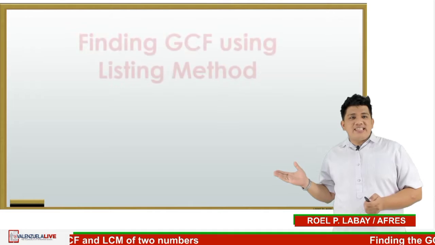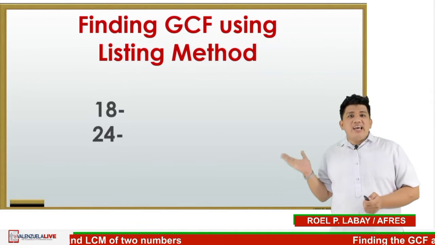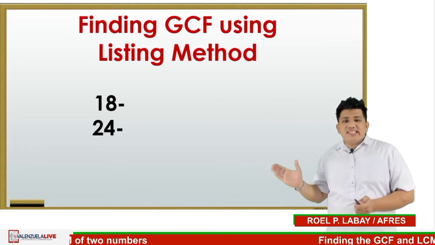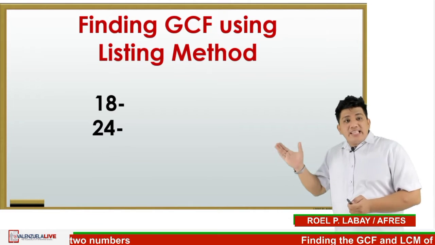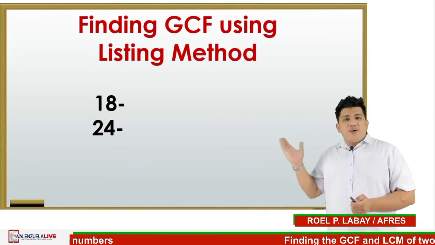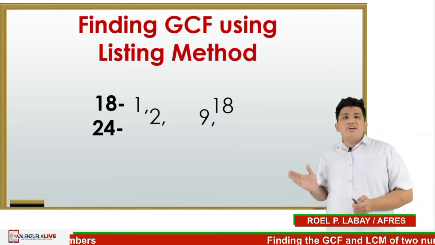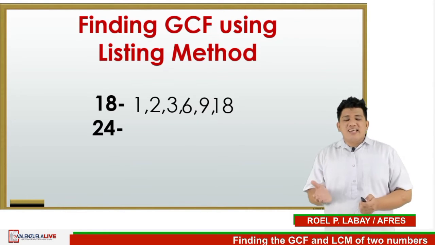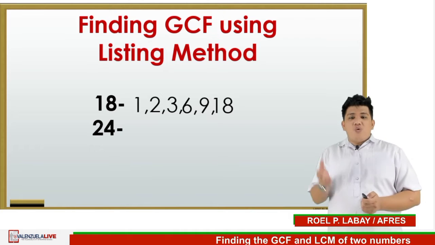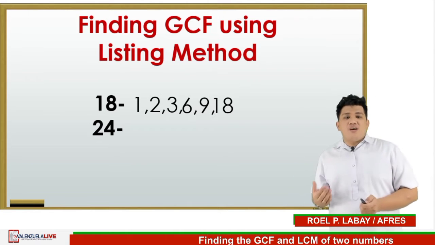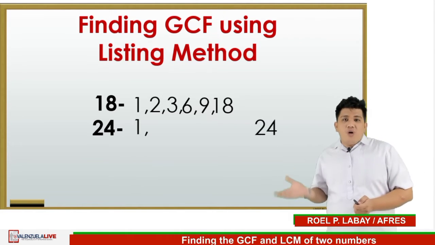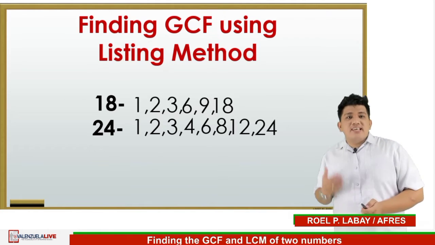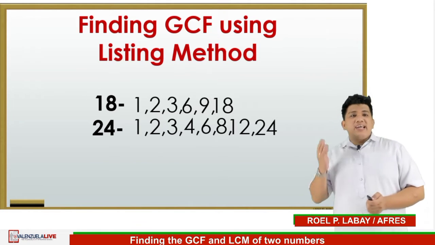Let's find the GCF of 18 and 24 by using the listing method. We will list down all the factors of 18 and 24. The factors of 18 are 1, 2, 3, 6, 9, and 18, while the factors of 24 are 1, 2, 3, 4, 6, 8, 12, and 24.